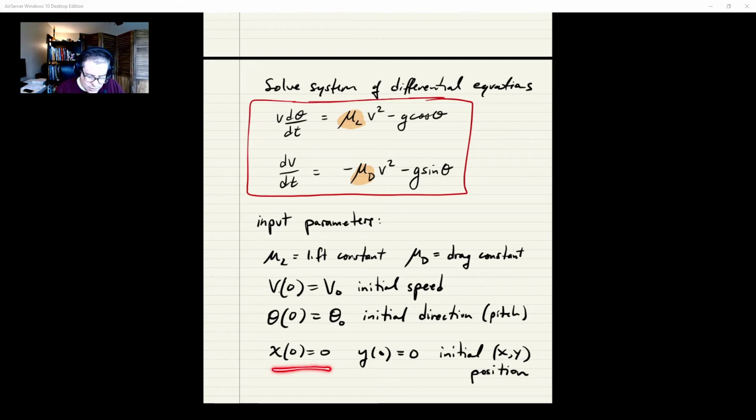We'll also include an initial position. We'll just make the initial position 0, 0 so that we can track how high it goes and how far it goes, and we can actually plot its path through the air. Now the whole thing is taking place with only an x and y component, so it's really something that's happening in a two-dimensional plane. We don't have any crosswinds or any change in lift and drag from one side to the other.